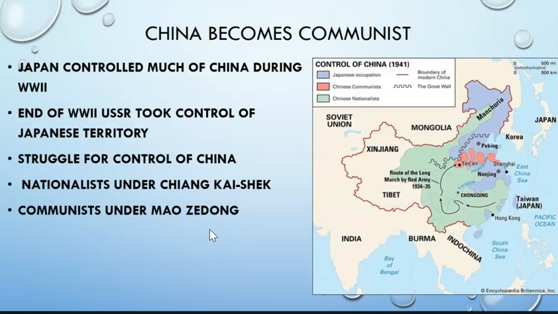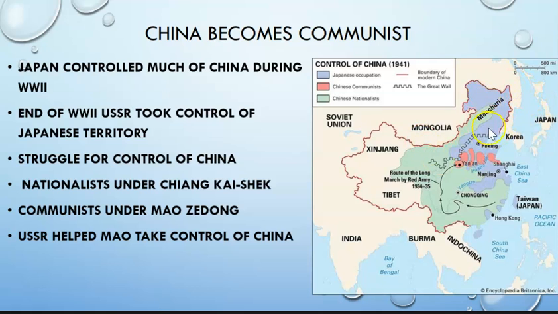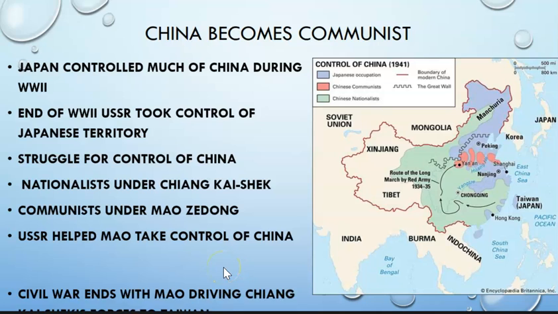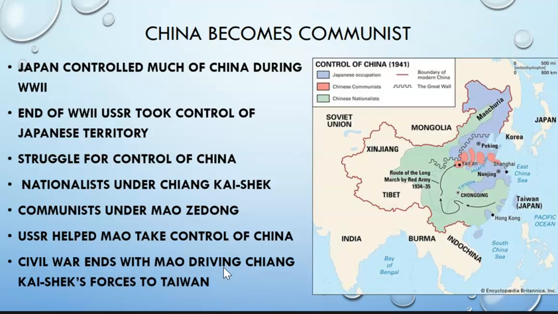What Mao did was work with landless farmers in the north and promised them land and so forth, and created a large military there. Mao is helped greatly by the Soviets, who are also communists, and in fact they will turn over Manchuria to Mao.